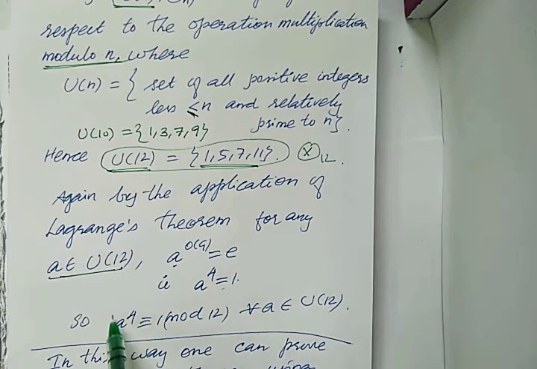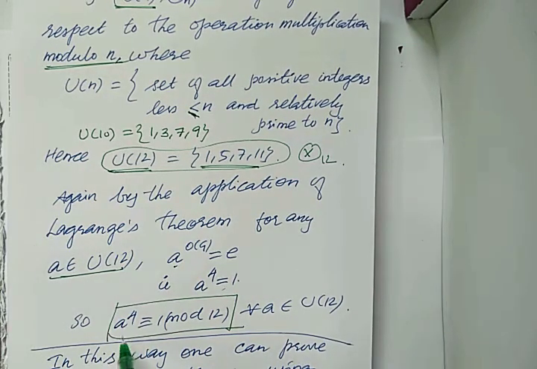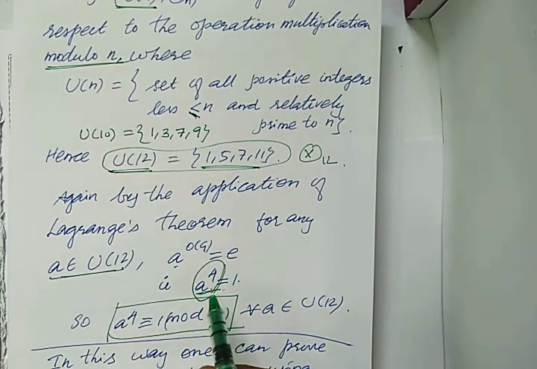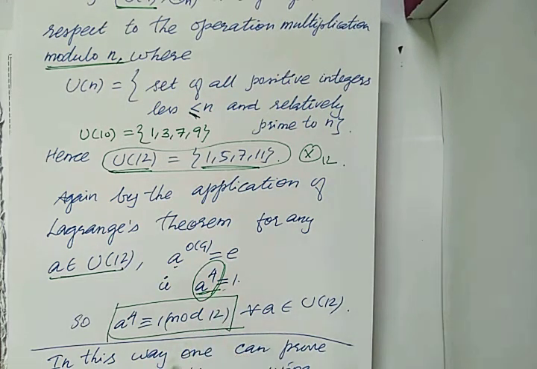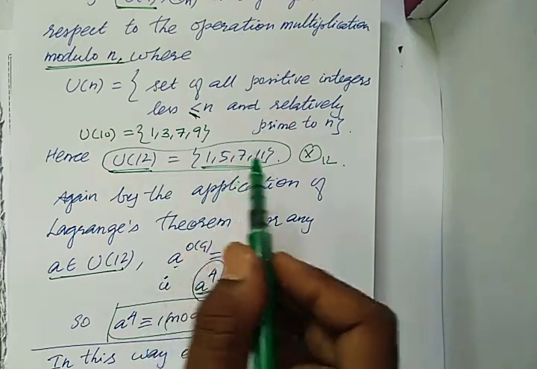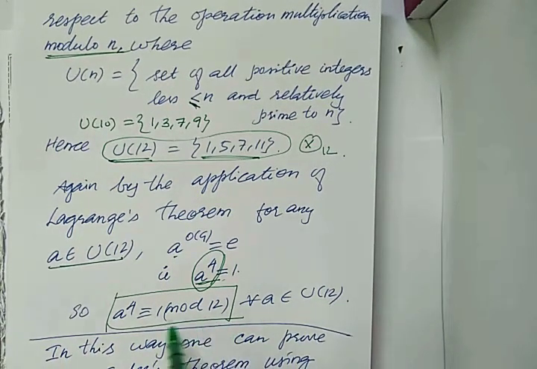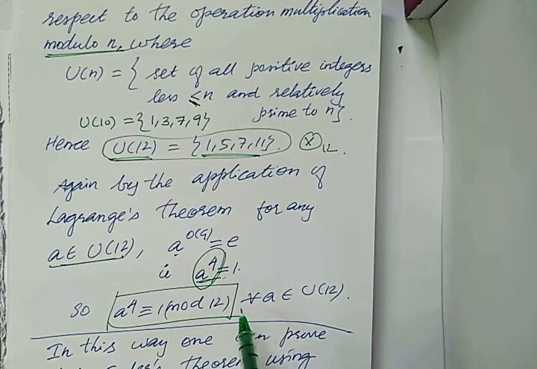So this can be written as a to the power 4 is congruent to 1 modulo 12. Here the operation is multiplication modulo 12. Now if we consider these as numbers, not in the group, then we get a to the power 4 is congruent to 1 modulo 12. This is the general version of this theorem.